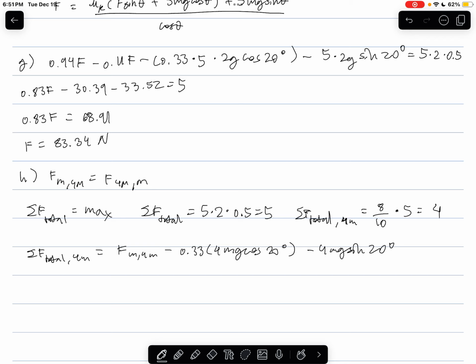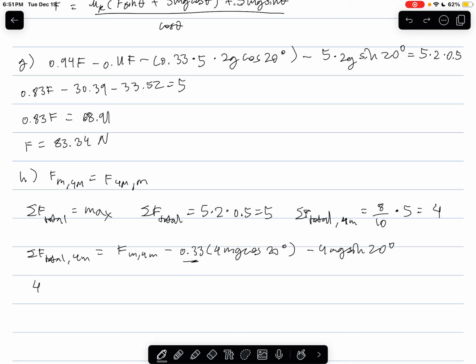And then once you plug in all the values, so 4 equals Fm4m minus, wait, how about I just add up all of that to the other side so it can save time.